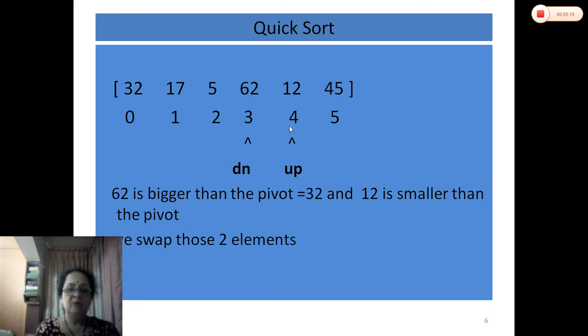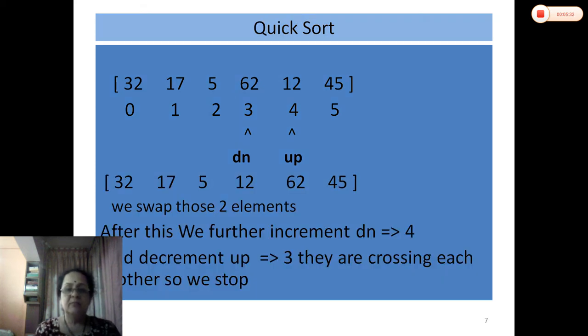So once we reach this particular stage, we swap the two elements at the positions down and up, that is at 3 and 4, that is, we swap 62 and 12. You can see here, this was the original array, and after swapping we got the array as 32, 17, 5, 12, 62 and 45.